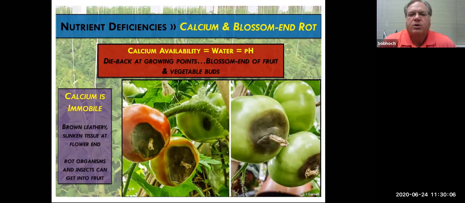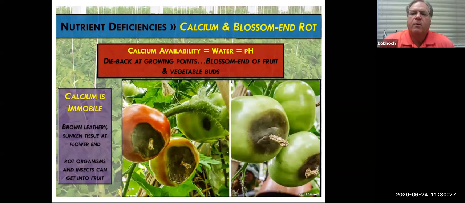I just want to describe to you something that was explained to me one time, and it kind of hit home. On fruiting crops like tomatoes and peppers, we know we're likely to get blossom end rot. Those are two crops that are likely to end up with it.